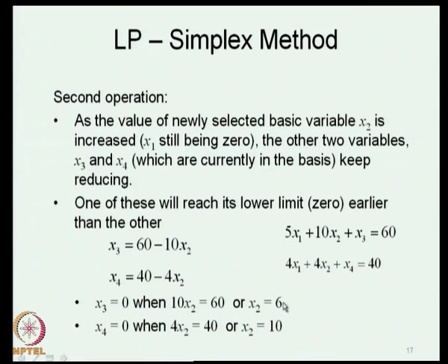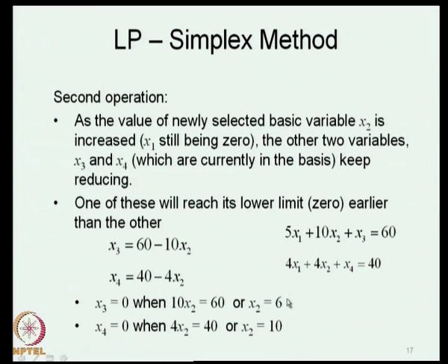This means that as you start increasing x2 from its current value of 0, x2 was a non-basic variable, we are just bringing it into the basis. As soon as x2 reaches a value of 6, x3 becomes 0.